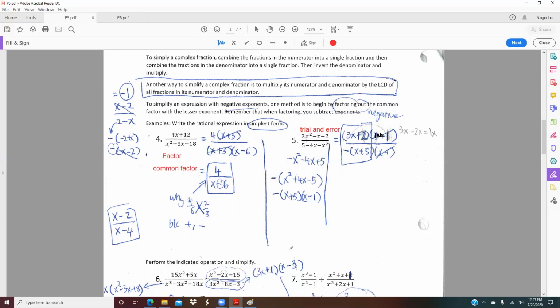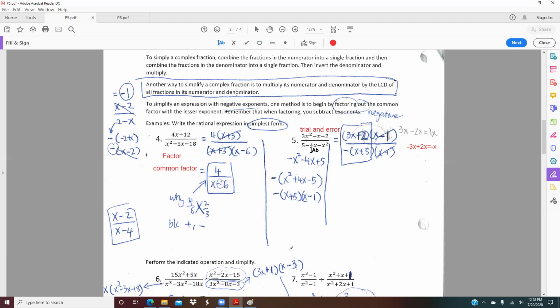And then I do plus and minus. And then I do the outside and the inside. 3x times negative 1 is negative 3x. And then 2 times x is positive 2x. So this will give us negative x here, which is exactly the same as that. So this is how you factor it for this case.